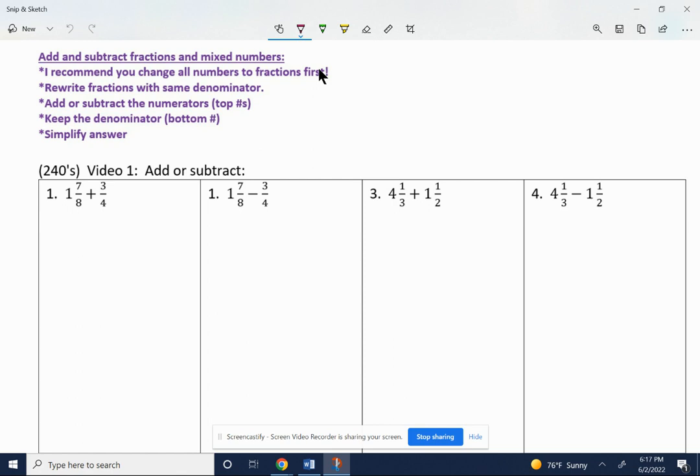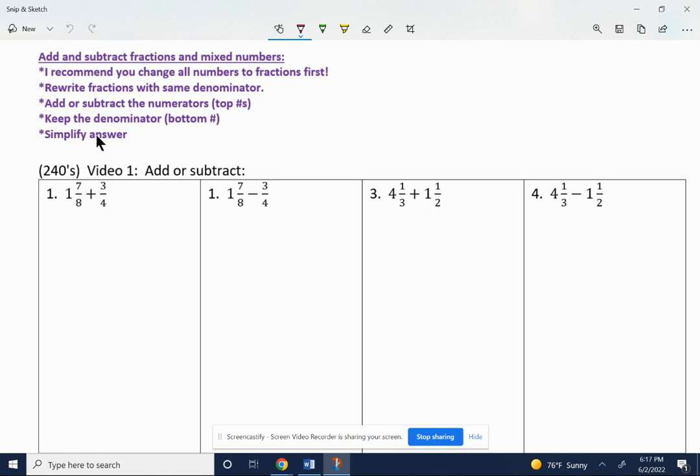You don't have to do it that way, but that's how I'm going to make this video, because I think students make fewer mistakes if you just change everything to a fraction first. Then you're going to rewrite with the same denominator, and then once you have the same denominator, you're going to add or subtract the top numbers and keep the denominator the same and simplify.